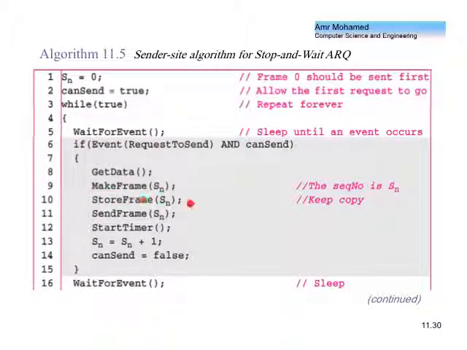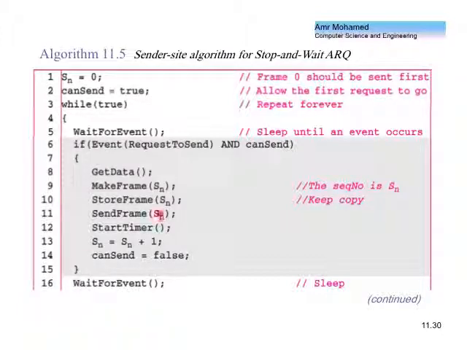So first I have to store the frame, and then send it. When I send it, I send the current frame. Starting from here, I should have the serial number, and as we said, the serial number always goes 0, 1, 0, 1, and so on.